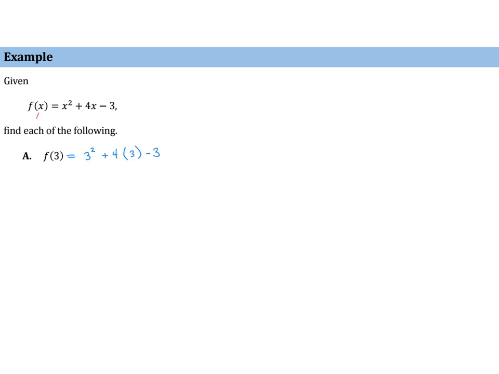So notice everywhere we put in 3 for x. Now, what is 3 squared? It's 9. Plus 12, then, minus 3. And this is simply equal to 18. Now, I want you to try this next one on your own. f of negative 4 equals what? Show all your work. Go ahead and pause the video and see what you obtain.